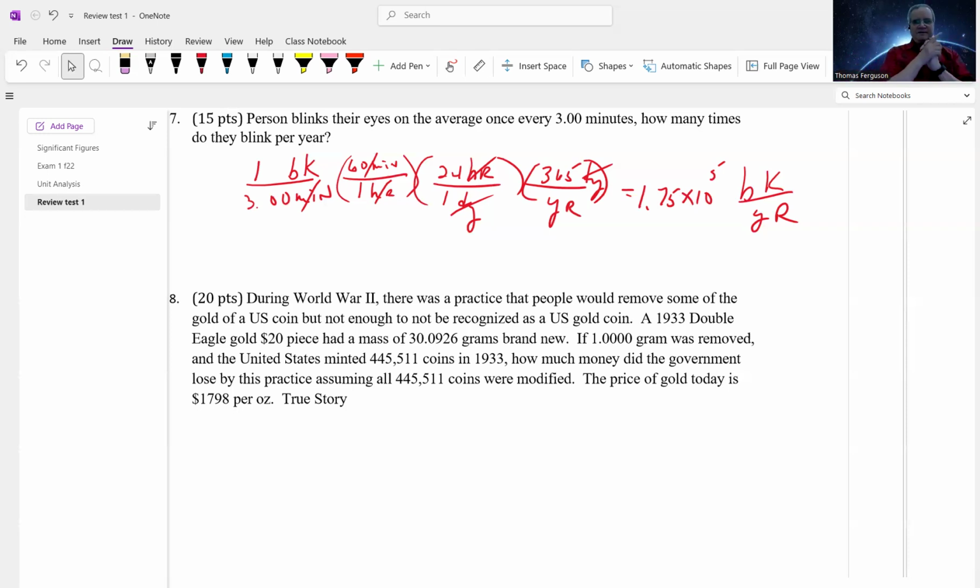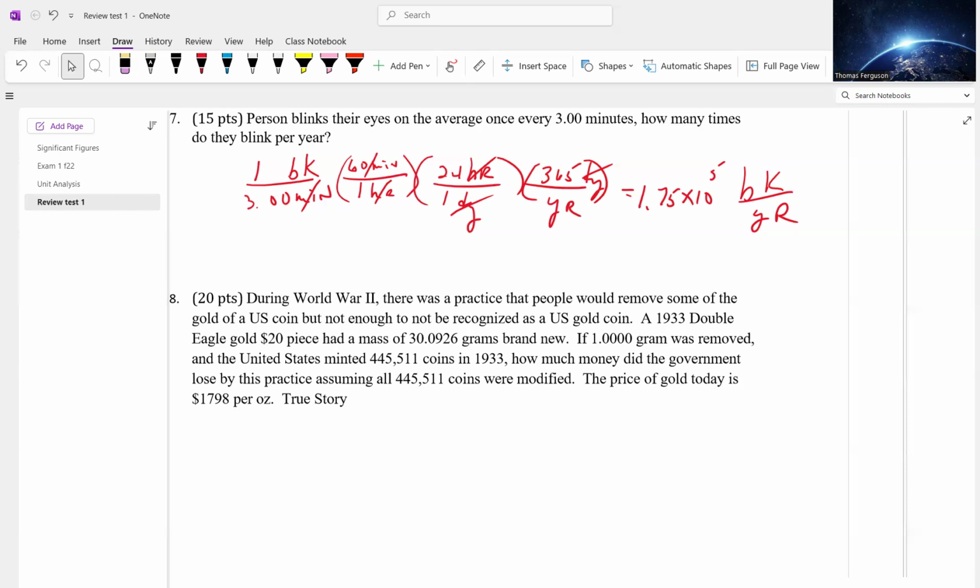Okay, so the question is, how much money did the government lose, assuming all the minted coins were used in Africa? Assuming it's $17.98 per ounce. So the part that a lot of people messed up on is, how much gold are we figuring out here?